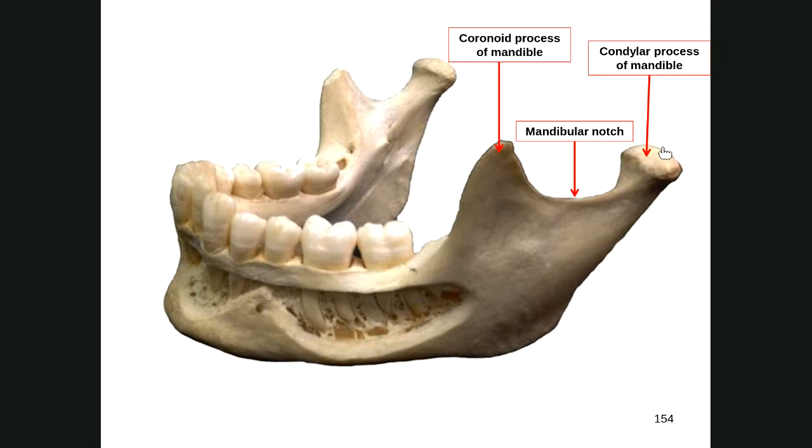Then you've got part of our TMJ, the condylar process of the mandible. Then you've got the ramus, which is this vertical portion of the mandible. And then we've got the body, which is the horizontal portion, this part over here.